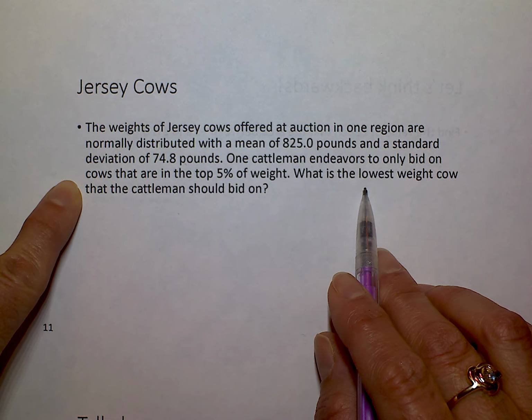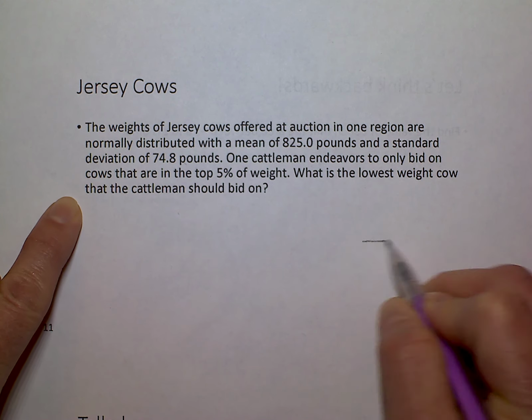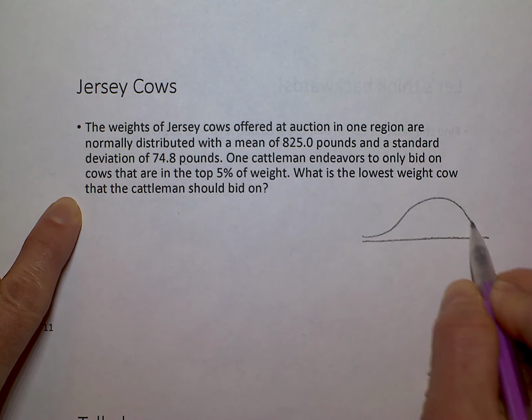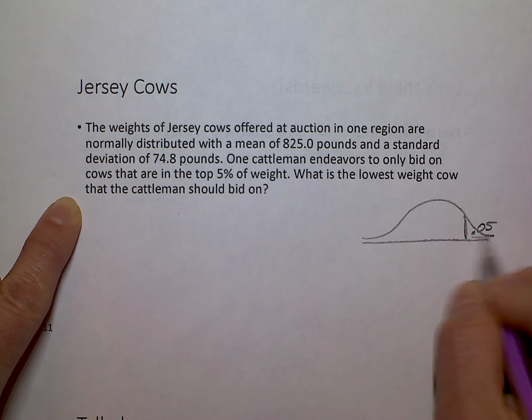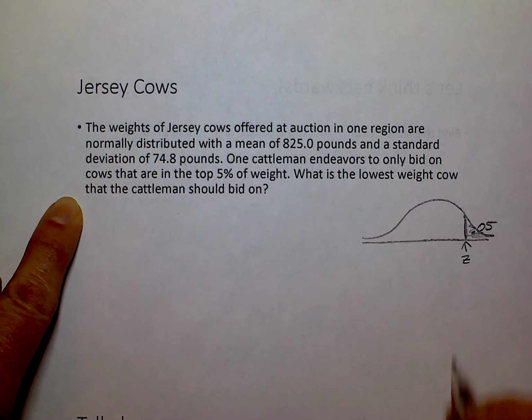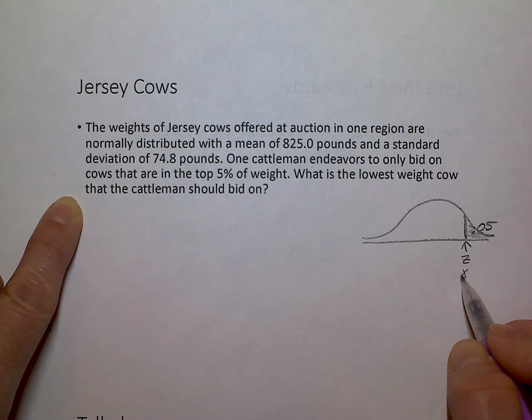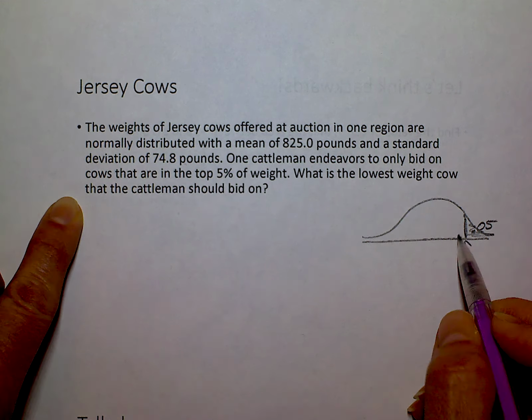What's the lowest weight cow that the cattleman should bid on? I'll show you what's happening here. He only wants to bid on these cows. He wants these guys. We need to know what this z value is so that we can find out what x value it is.